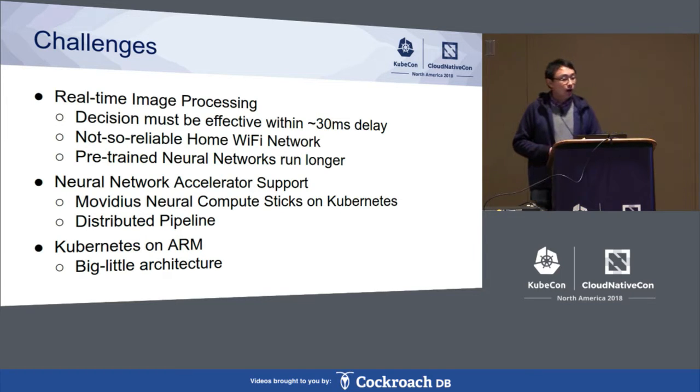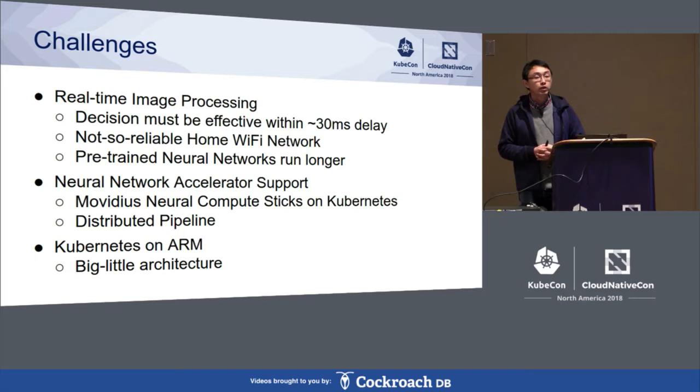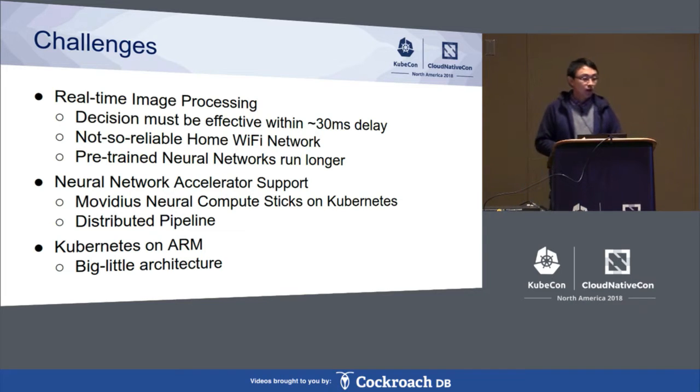When running this pipeline on Kubernetes, we do meet some challenges. The first difficult problem is all about real-time processing, which requires a decision to be made within about 30 milliseconds. It's heavily impacted by facts like an unreliable Wi-Fi network and also long-running compute-intensive tasks.